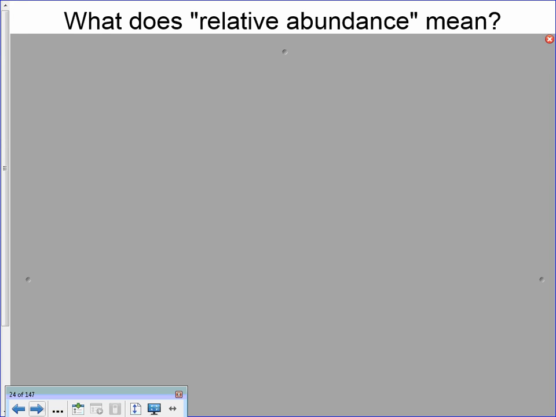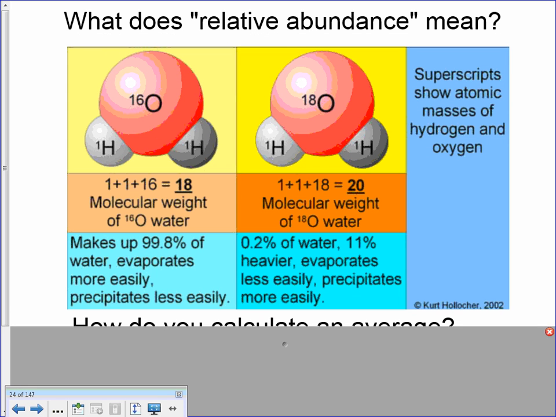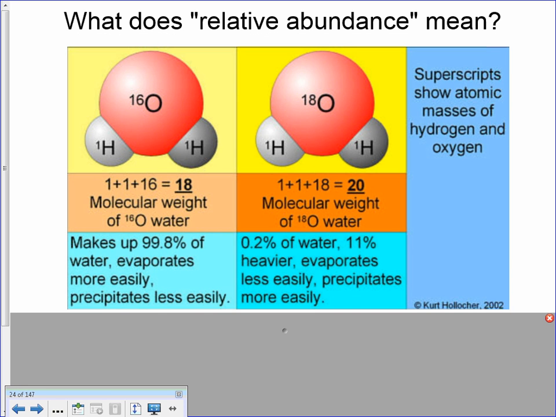For example, if I have a big bowl of water, and I actually picked out every molecule of water, dissected it, looked at the oxygen and the hydrogen, and I could count up their masses, with the mass of hydrogen being 1, and the oxygen being 16.